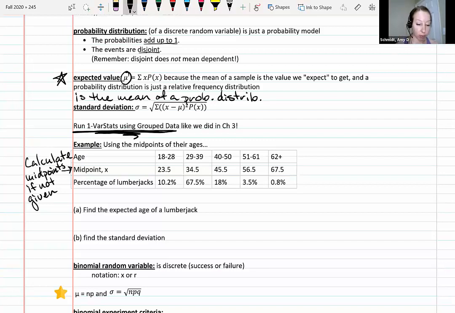We literally just put these in L1. We're going to put these as decimals in L2, and then we're going to run one var stats. Let's do it.